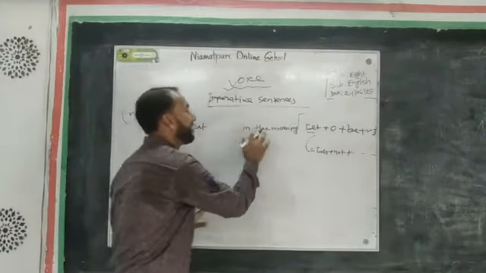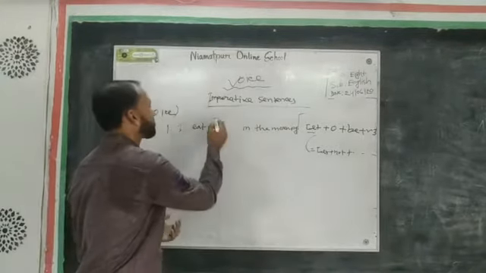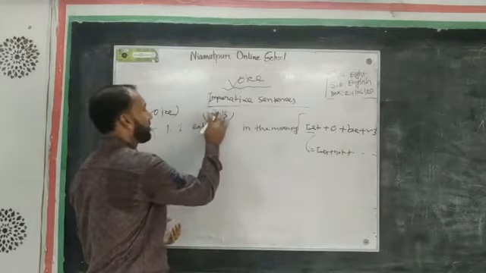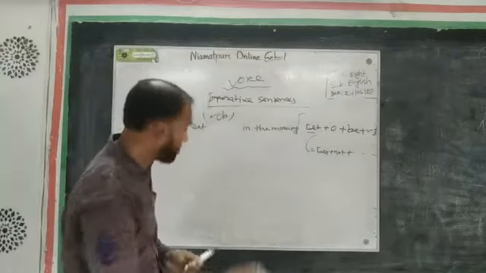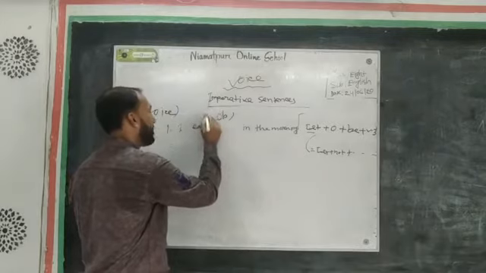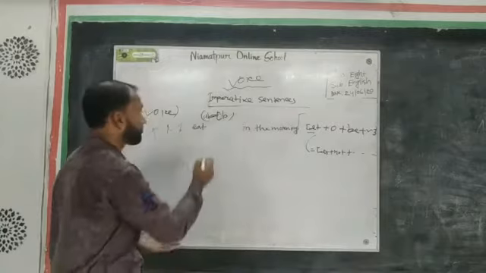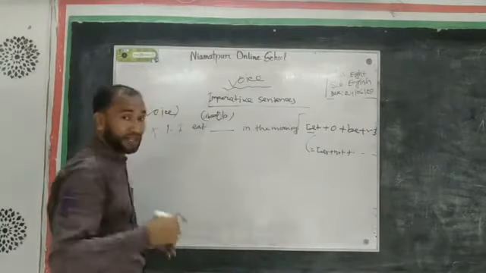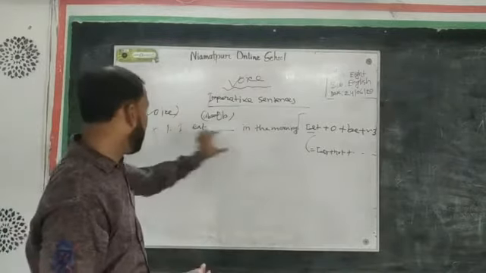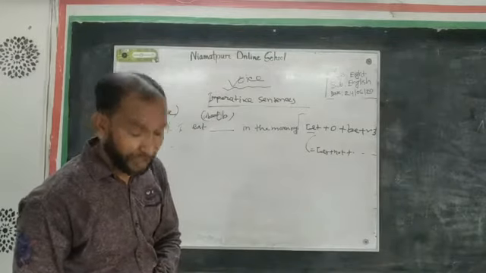So I eat in the morning will not be passive because of the absent object. Object absent. So object gap. So now we can say that this sentence will not change from active to passive.